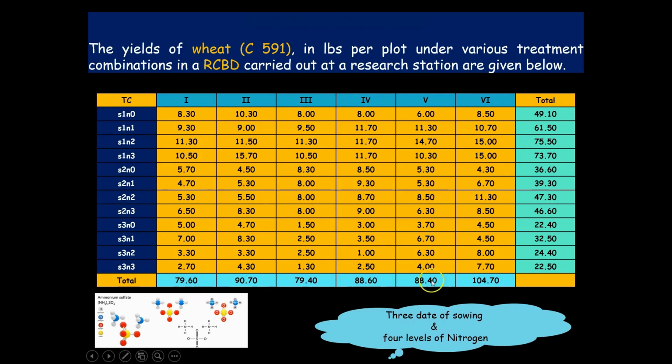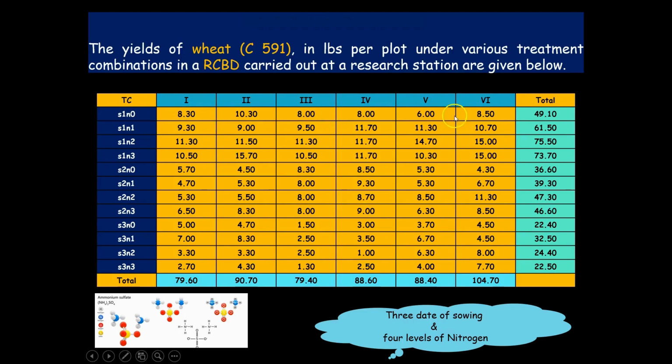And the first important thing is to get the basic arithmetic, to get the column totals and row totals, so that we can get the totals for these 12 treatment combinations, because 3 multiplied by 4 is 12, and we can get the block totals or replication totals also. So how are we going to calculate the sum of squares?